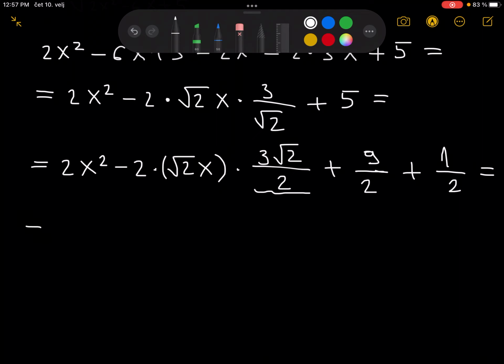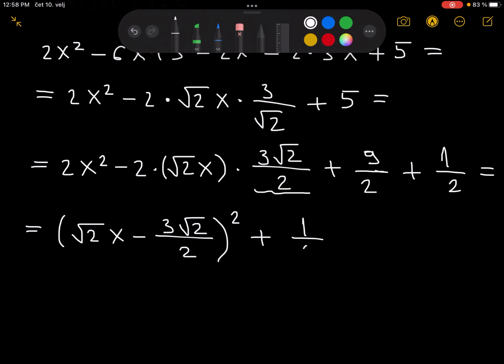Great, and now this can be rewritten as the square root of 2x minus 3 times the square root of 2 over 2, everything squared, plus 1 over 2.